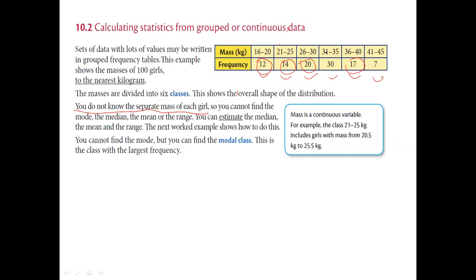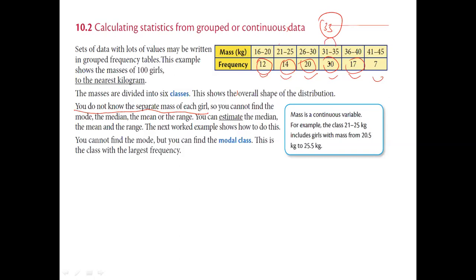For example, in the fourth group there are 30 girls, 30 students, and the average mass is how many? The average or mean is 33, approximately between 31 and 35, but the average is 33.